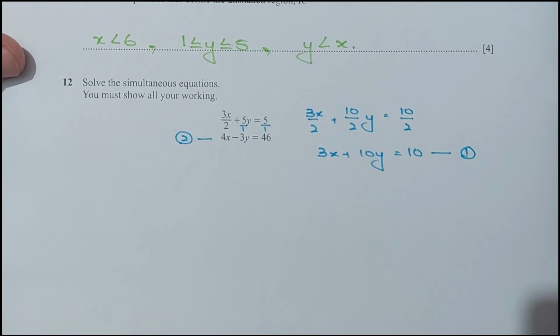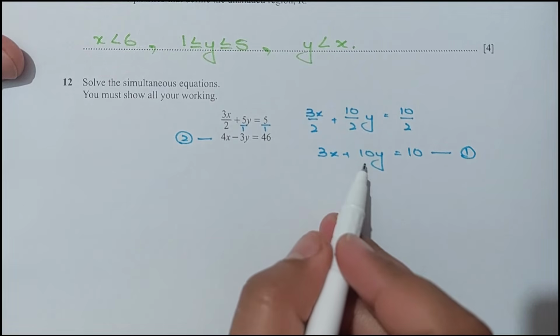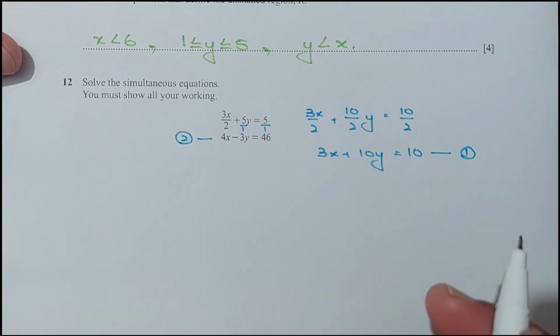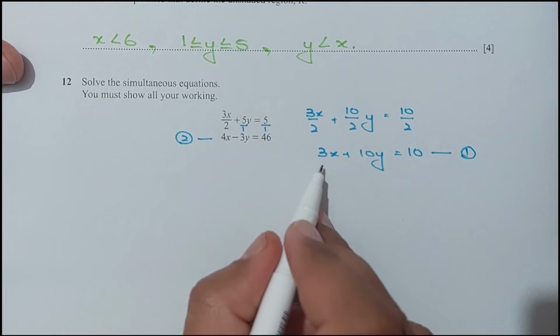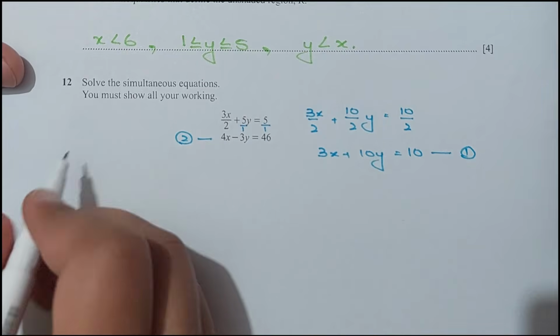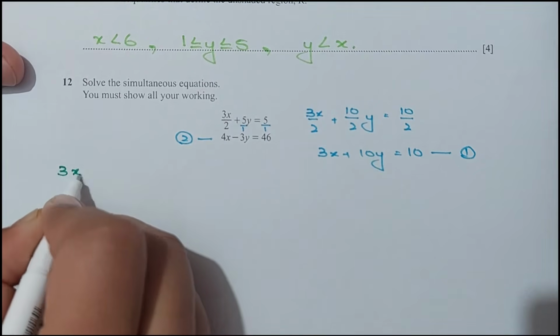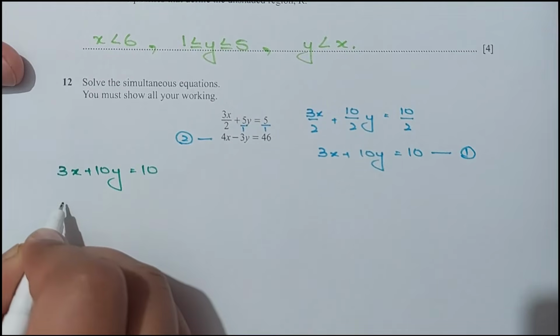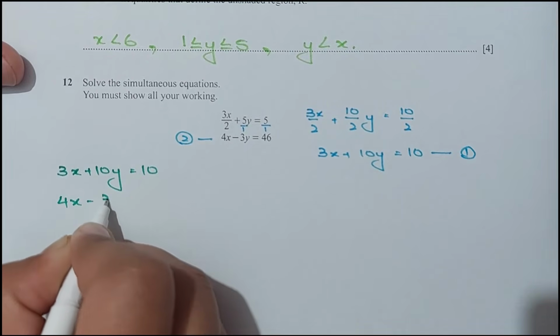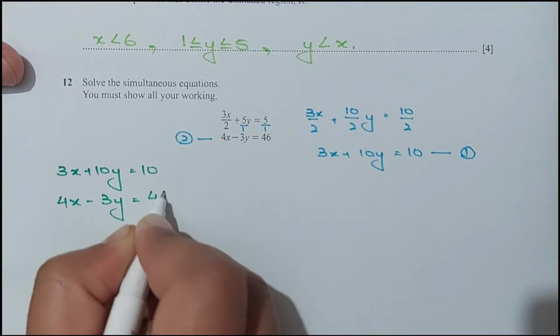All right. Now we can see the x coefficients, 4 and 3. The first equation is 3x plus 10y equals 10. The second equation is 4x minus 3y equals 46.